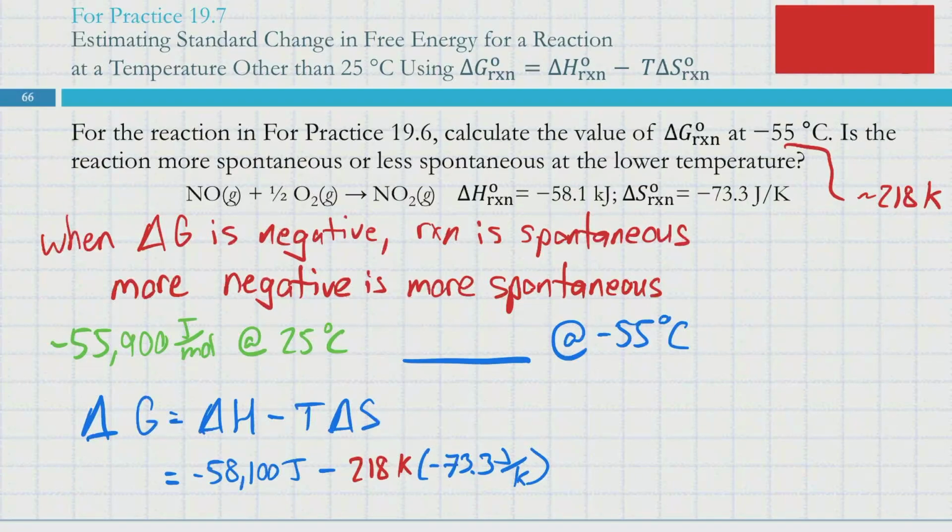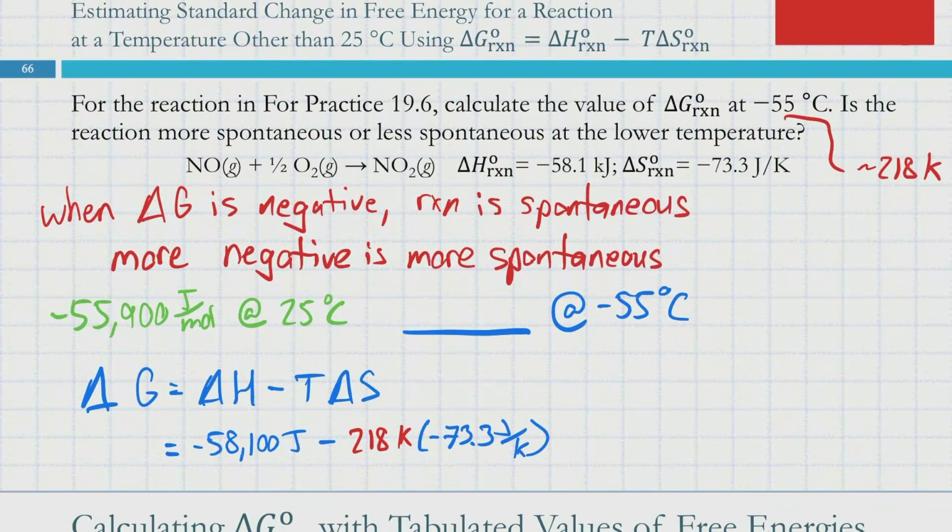So the reason that you don't necessarily have to do calculations is that, just like before, the negatives here cancel out. So we've got a negative term and a positive term. If we make the positive term bigger, the reaction's less spontaneous. If we make the positive term smaller, it's more spontaneous.